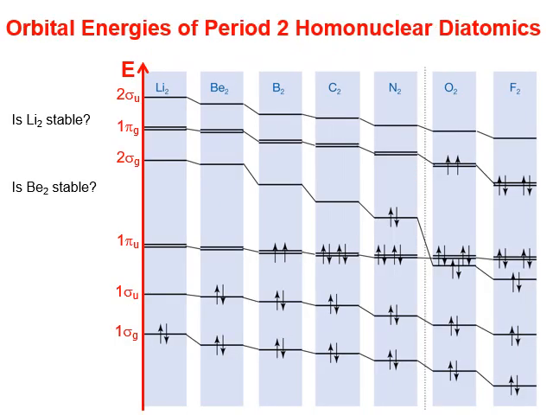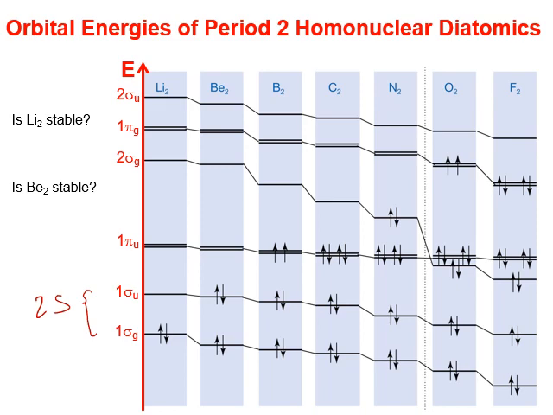This shows orbital energies of period 2 diatomic molecules. As we already know from the last few slides, the first two molecular orbitals, 1 sigma g and 1 sigma u, are due to the 2s atomic orbital interaction.